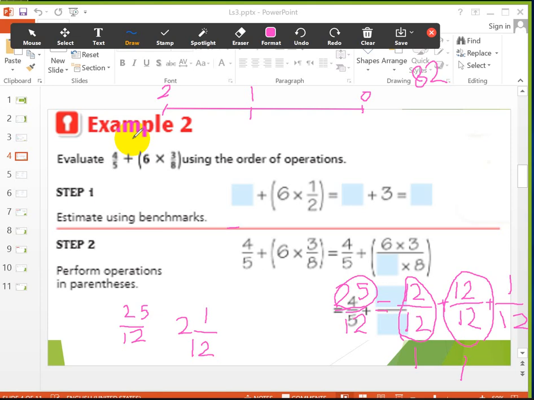4 over 5 plus 6 multiply 3 over 8 between parentheses. If you round 4 over 5 into the nearest whole, if you locate it, this is the benchmark, this one. Locate 4 over 5.